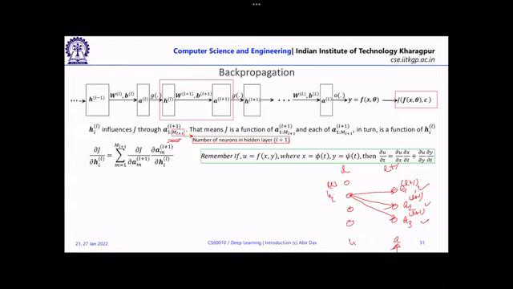That means HI is giving its contribution to all the neurons in the next layer, right? Then all of them, with a series of other computations, end up giving you the J. At least this part is clear.